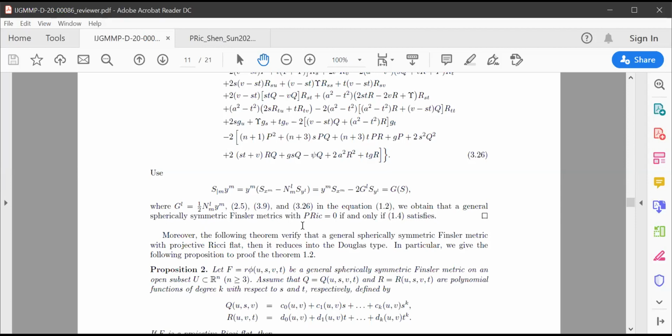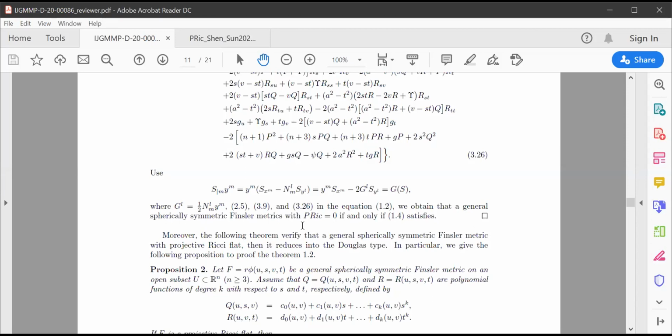They just assume that's true, but they did not clearly state it at the very beginning of the paper. The correct definition will be: for some volume form, the projective Ricci curvature is going to be 0, and that volume form in that case is general spherically symmetric.